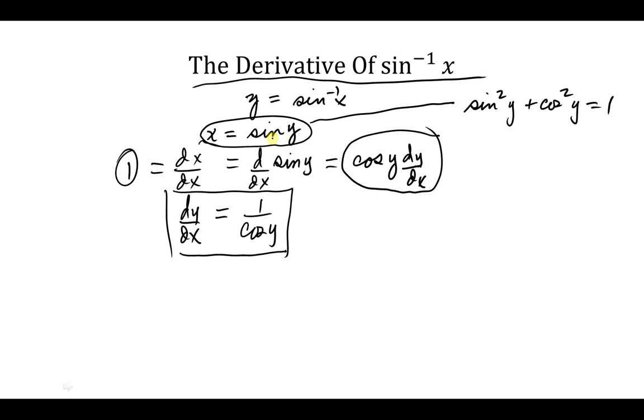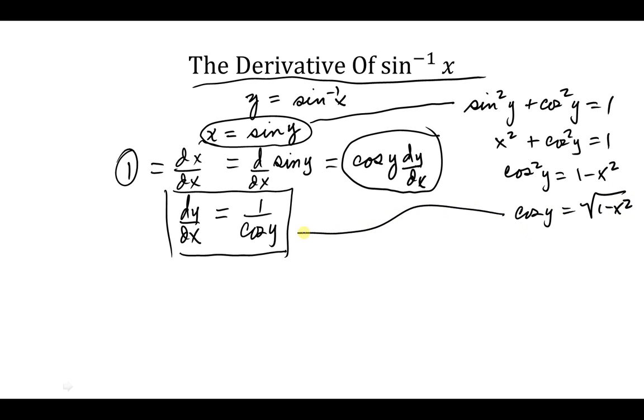Well, sine of y is equal to x, so sine squared y is equal to x squared. So add that to cosine squared of y equal to 1. We can solve for cosine squared of y equals 1 minus x squared. And so cosine of y is equal to the square root of 1 minus x squared.